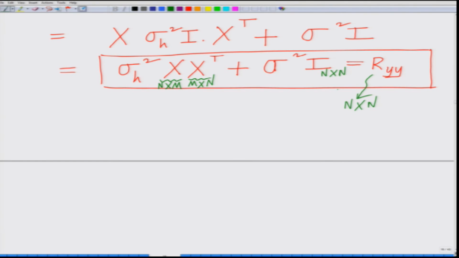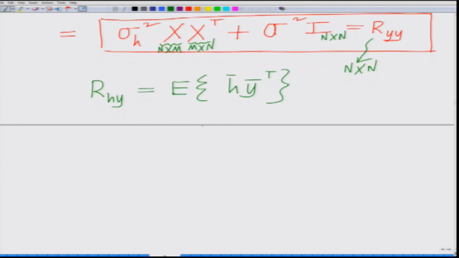Now let us look at R H y, the cross covariance matrix of H comma y. R H y is expected value of H bar y bar transpose, correct.